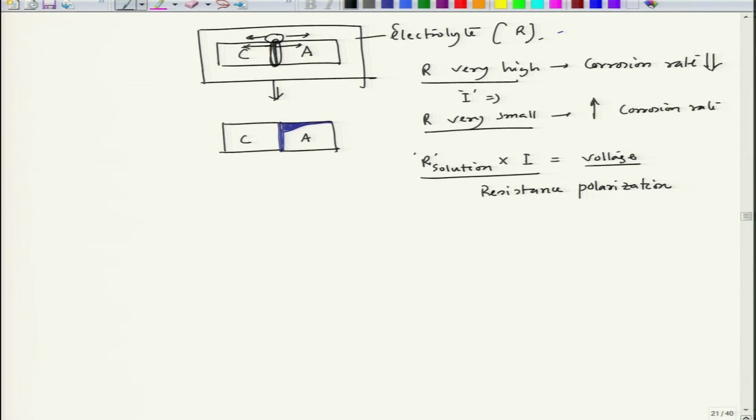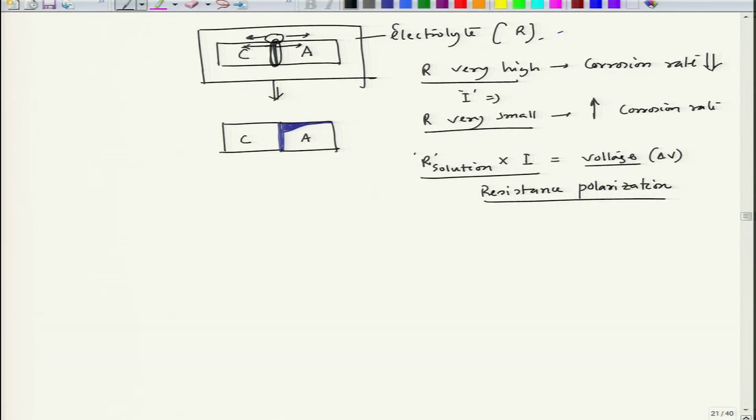Because of the resistance of the electrolyte, I will have this voltage del V, and this del V will take the equilibrium potential to some other potential. Okay. So, that is resistance polarization. We will talk more on this resistance polarization later on, but right now we assume that the resistance offered by the electrolyte is insignificant.